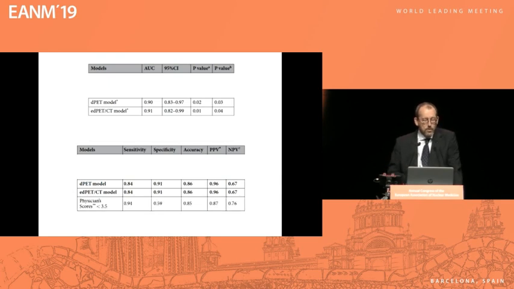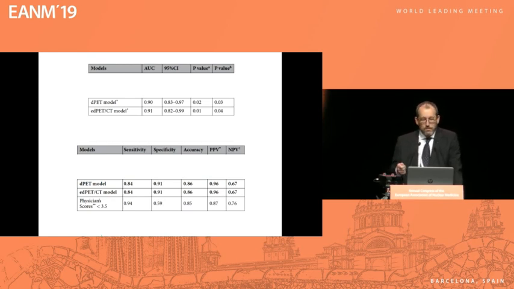How are the physicians doing to answer that question, is this cancer? Well, not too bad. When you look at the accuracy, it's very similar. But if you look at the sensitivity and specificity, you can see that in this case, the physician's interpretation tends to promote sensitivity.